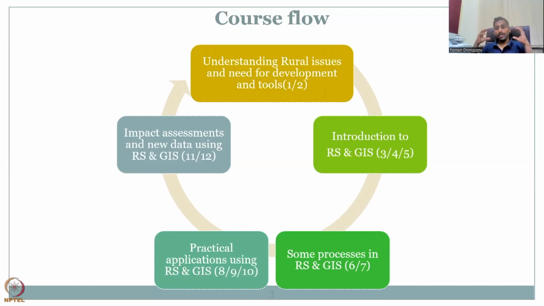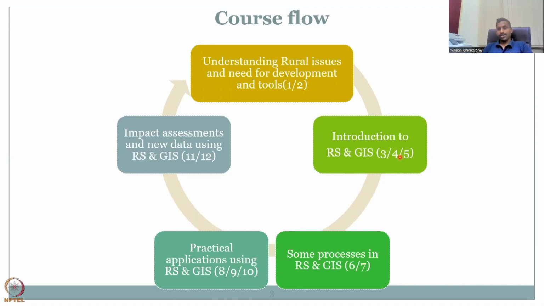Since we already proposed it in the title and we supported our argument with week 1 and week 2 understanding, we go to weeks 3, 4, and 5, where we introduce the remote sensing and GIS tools.